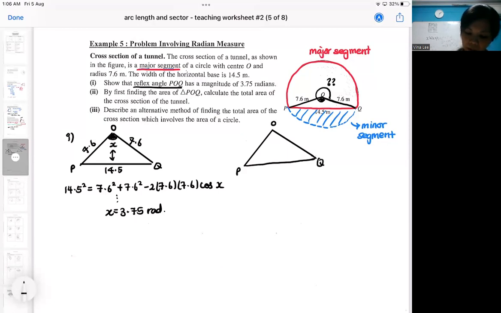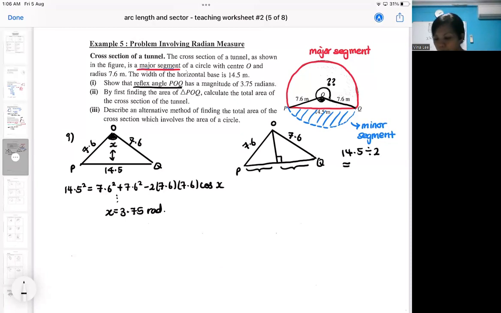This is an isosceles triangle. The good thing about an isosceles triangle is that when it cuts 90 degrees, this part will be 14.5 divided by 2, because it will cut perpendicularly into 2 halves.